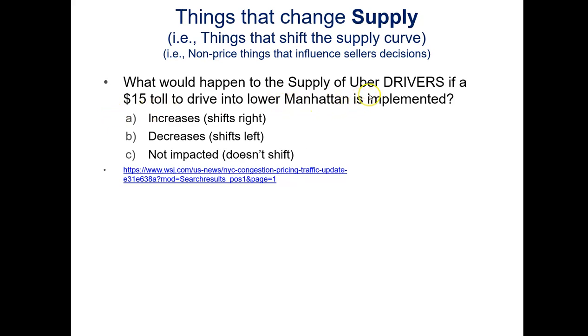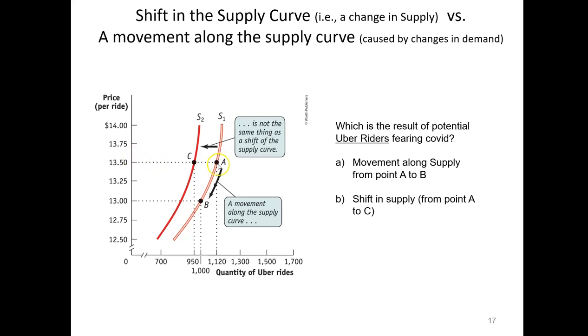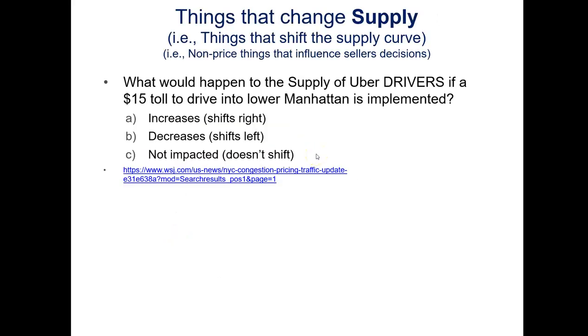Well, for Uber drivers, if they have to pay a toll, it basically adds an extra cost of production to them. So at any given price that they could sell their Uber rides at, it's less profitable.